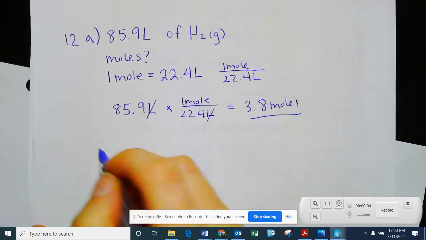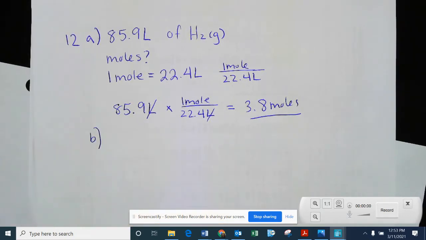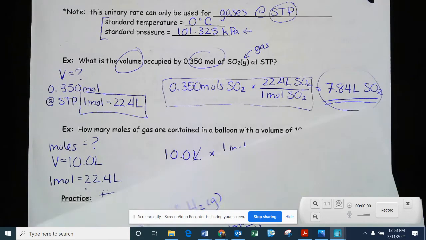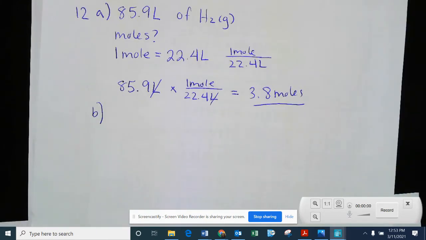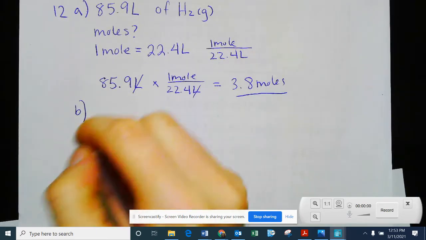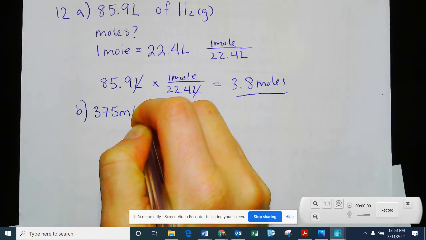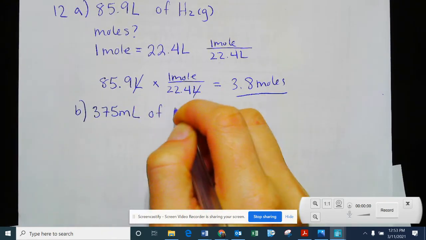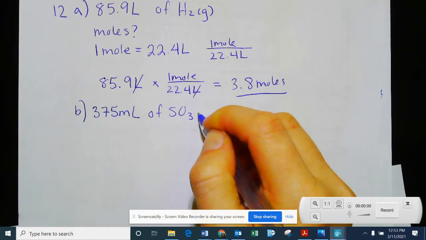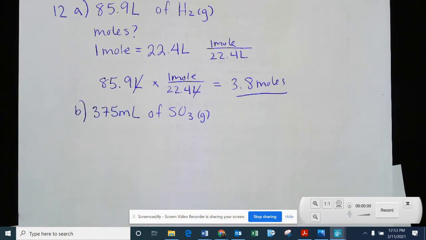Let's try B. So B is asking, whoops, I went to the wrong page here. Okay, page 83. Okay, B, I have got 375 milliliters of SO3 gas. Okay, so let's think about this.